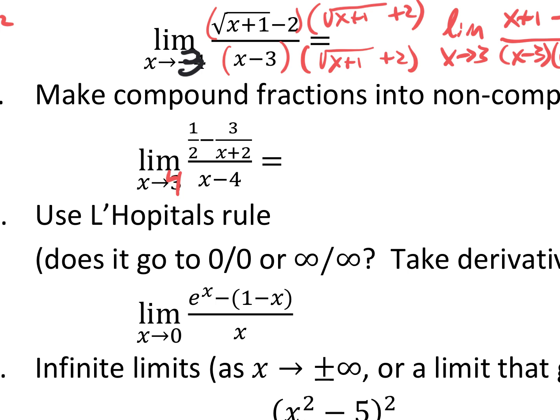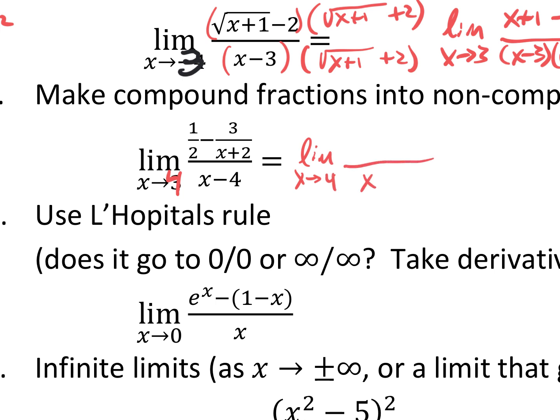Well, this is 4, so when you plug in 4, we get 0 on the bottom. Plug in 4, we get 3 over 6. And so we have 1/2 minus 3 over 6, which is 0. So 0 over 0 is what this becomes. Well, we need to clean that up a little bit here.